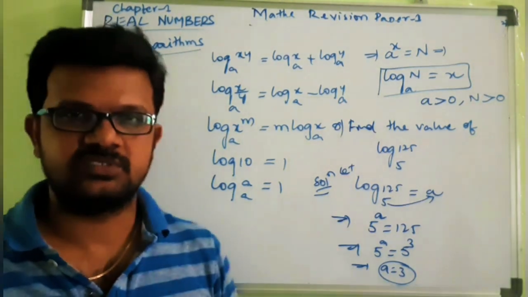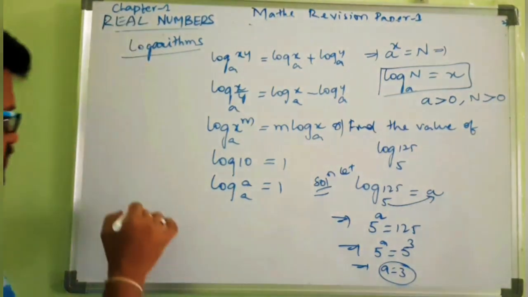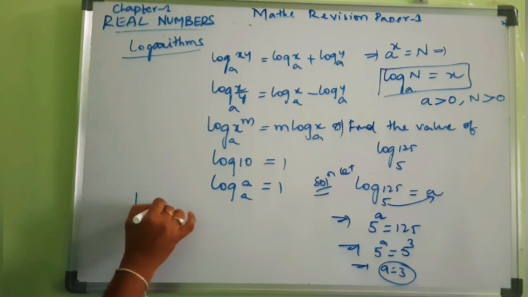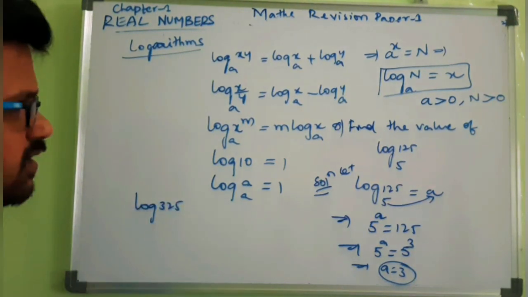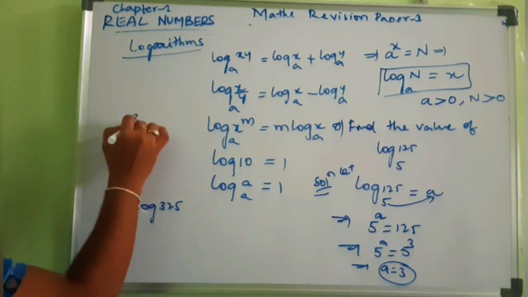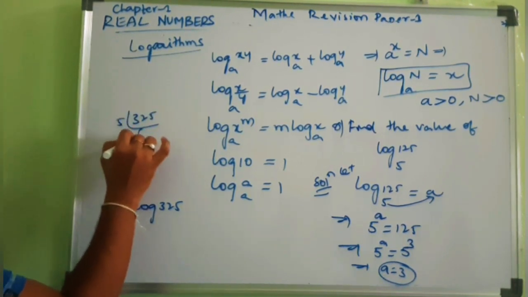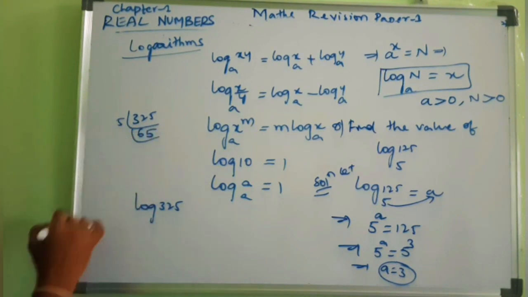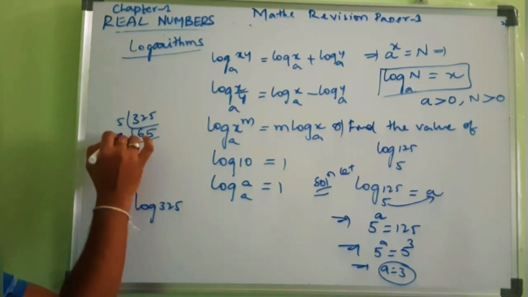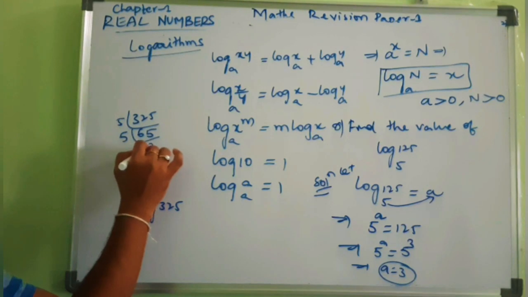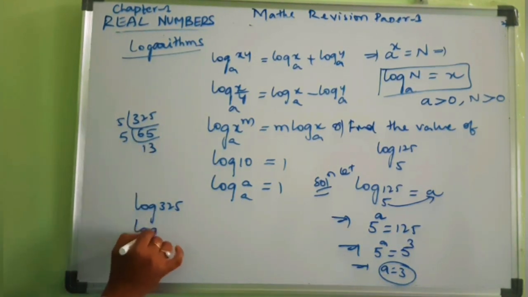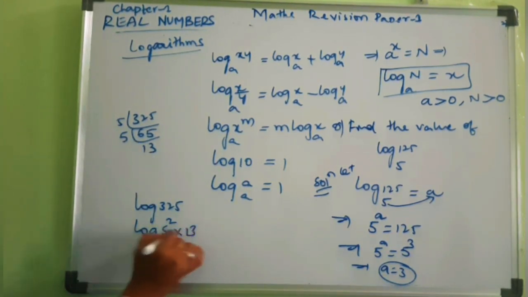So in logarithms they ask expand the logs. So log of 325, for example, expand this. How we can expand this one? 325, factorize it. Which table it is possible? 5 5s are 25, 5 13s are 65, so 325 is 5 square into 13.